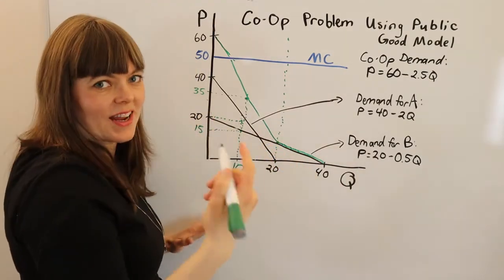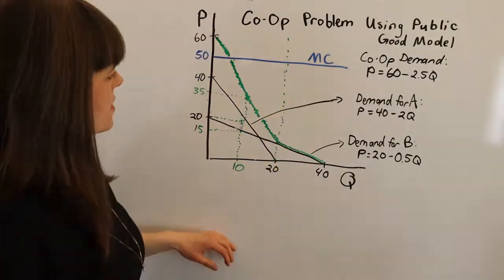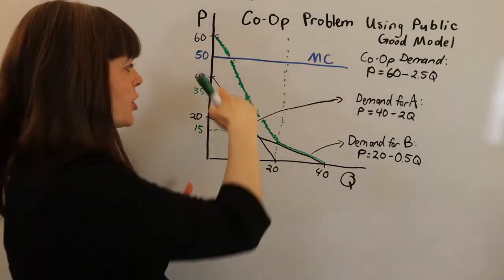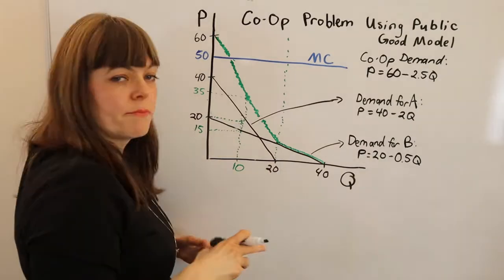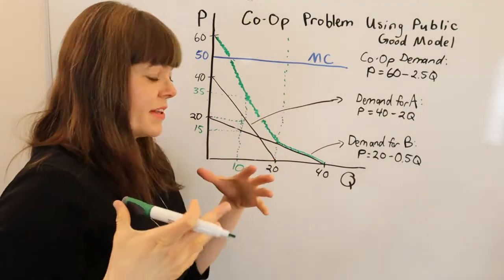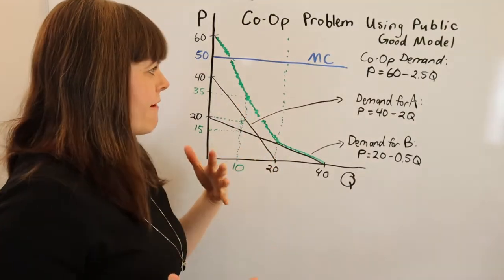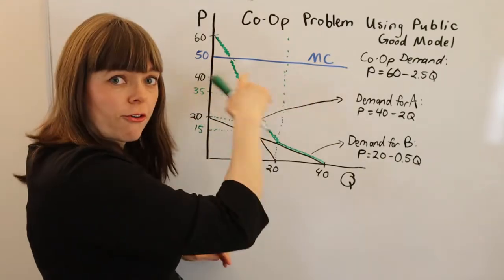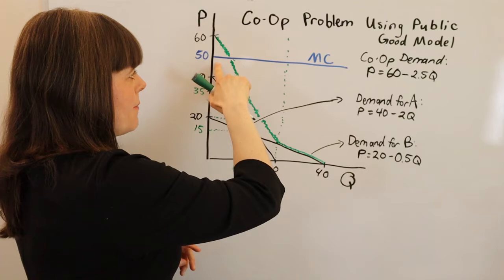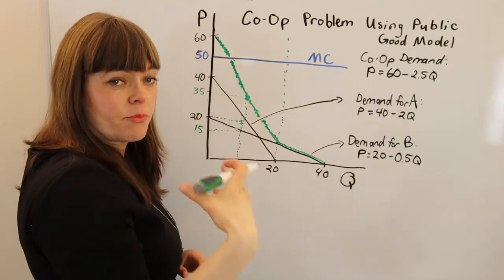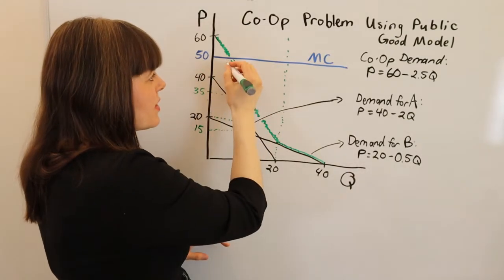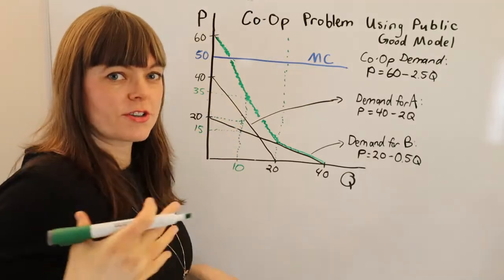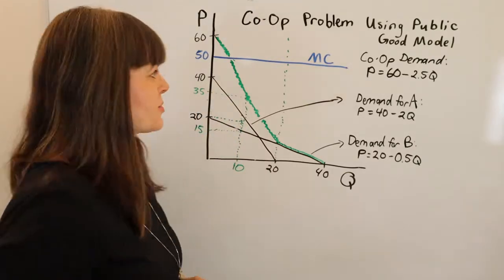So let's just highlight that. So now we have the total demand that both of these companies, when they come together in a co-op, have for the modules. And suddenly, even though they could not afford any modules with a price of $50 per module before, now we see that they're going to be able to afford to buy some of these training modules.